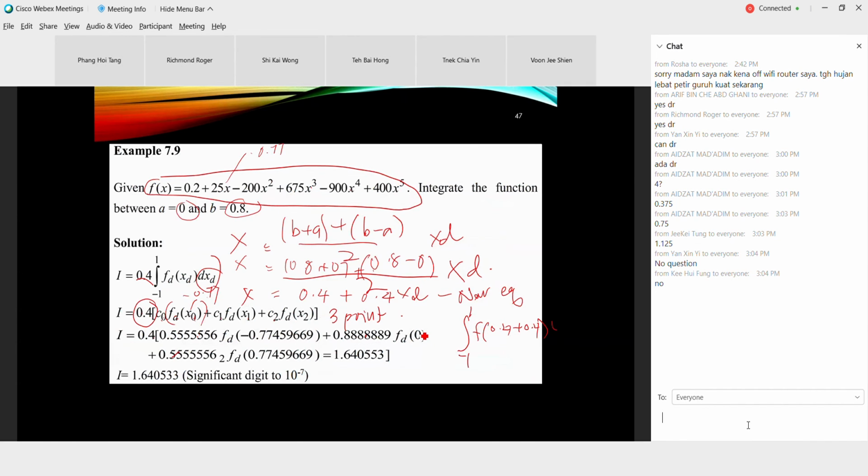So for this one is 0. Insert 0, 0, 0. And then again for the third value is 0.77. After that, solve for the I in total, you may obtain 1.64055. Correct. I will give you 5-point mark.